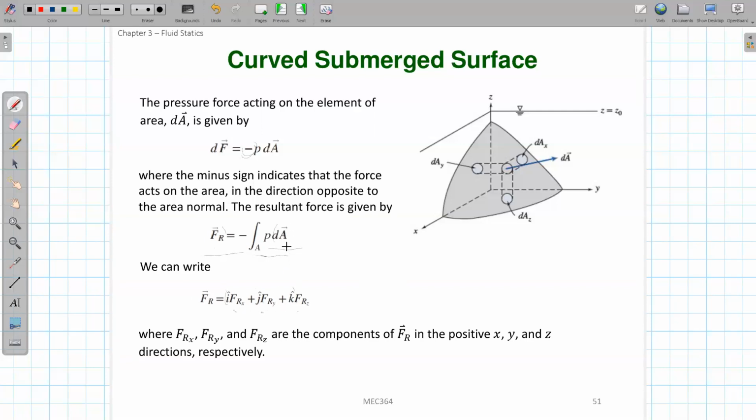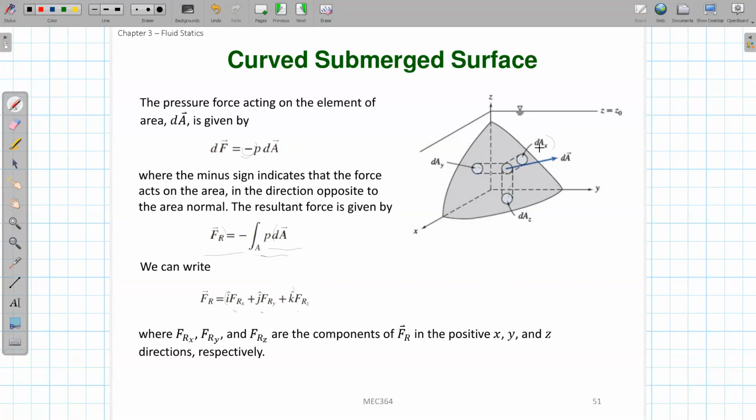And similarly, for this area A, we can also write it in 3-component form. So we can write this dA as dAx times the i direction normal, plus dAy times the j normal, this j will be this direction, and plus dAz times the k vector, this k vector here. So what do these 3 mean?